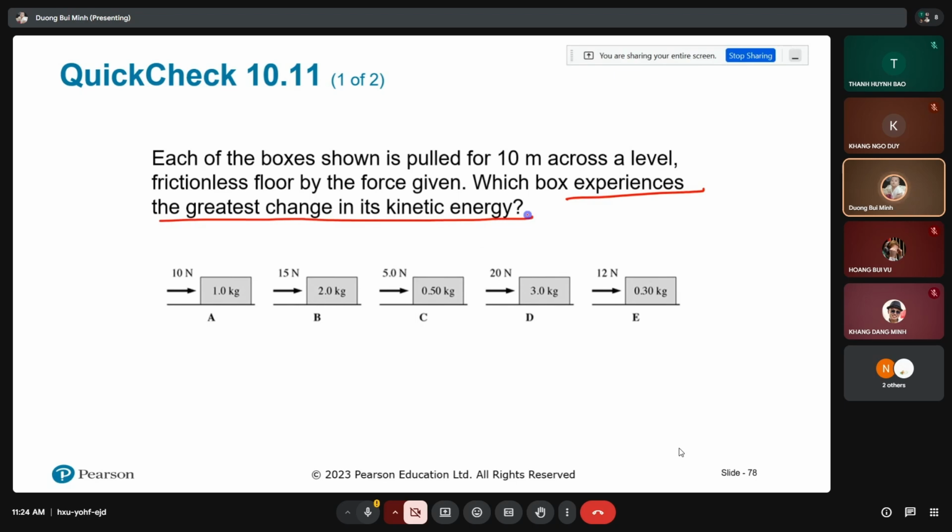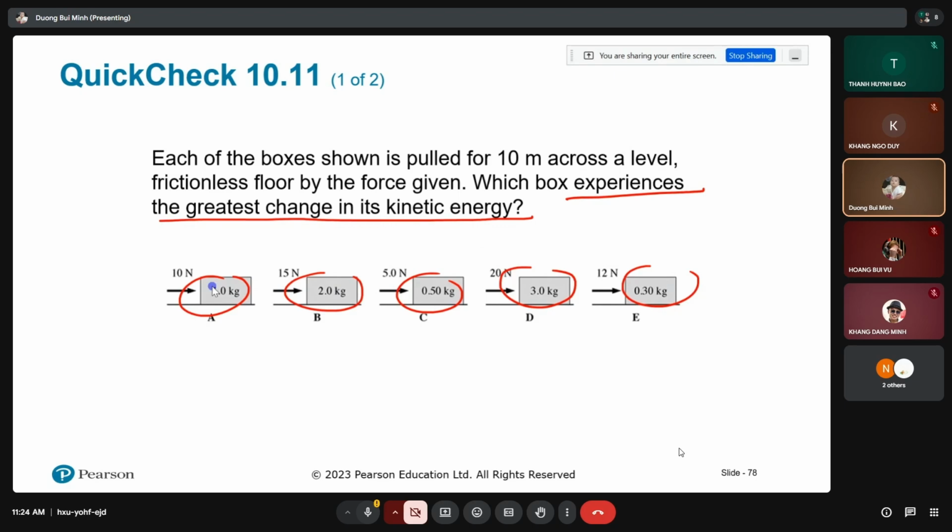I mean we have the box here. For the box we have different weight, different mass. We have 1 kilogram, 2 kilogram, and so on. So ABCD, you need to figure out which answer has the biggest change in kinetic energies.